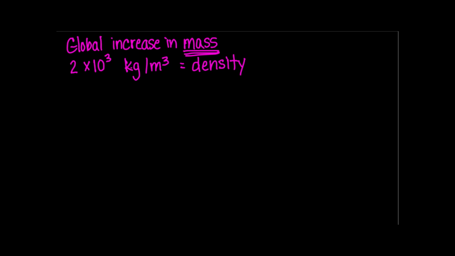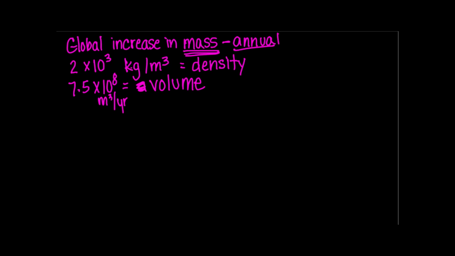And I'm also going to want that number that I just got, which was 7.5 times 10 to the 8th, and that was the volume. And the reason I know I want this one, this was meters cubed per year, is because they also said this global increase in mass, they want the annual. Okay, so that gives me my 2 units.